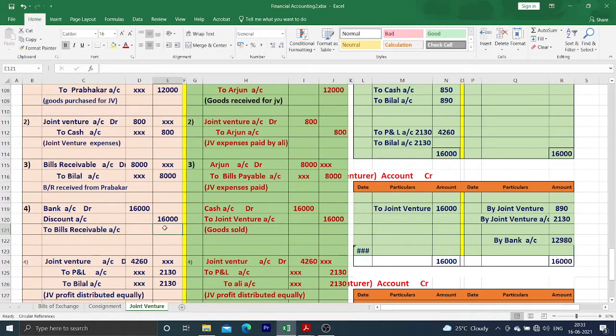Bills receivable amount we know that it is 8,000. Bank amount they received 7,600. 400 is discount. That's all.